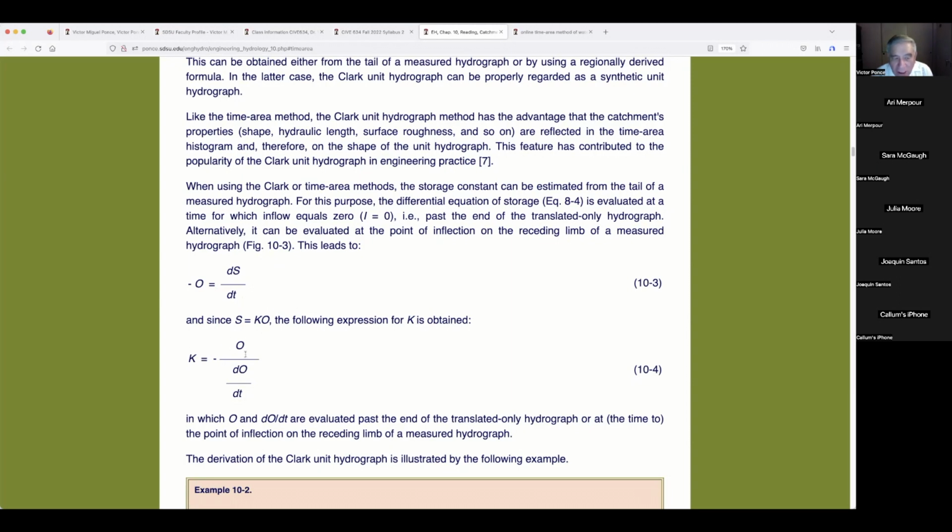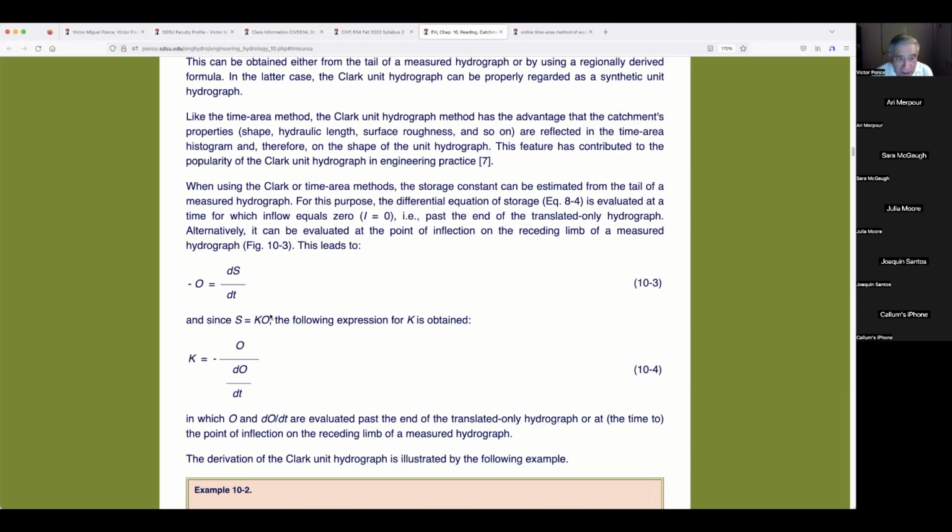So in other words, the outflow at that point, at the tail of the outflow hydrograph, at the end of the inflow hydrograph, we more or less know that's the point of inflection, divided by the rate of change of the outflow. So those are two easily measured variables, and therefore you get the K, right?